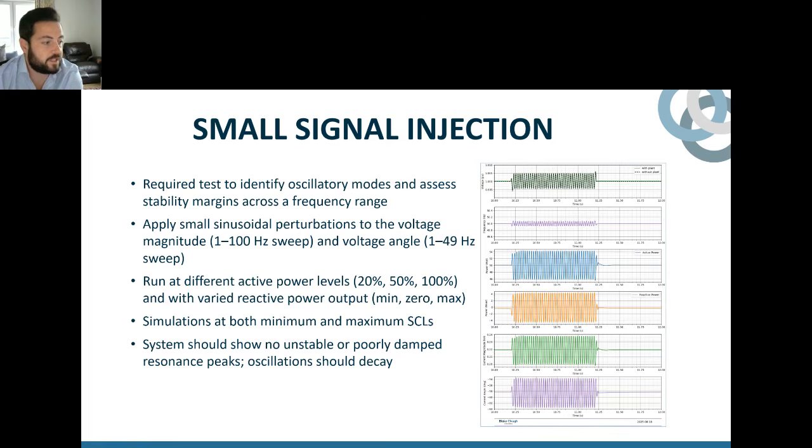But in this case, the oscillations are well damped and do not persist once the excitation is removed, showing stable behavior. So at 12.5, more or less, when the disturbance is removed, the system goes back to normal. Once again, it can be seen that the system is well damped and there are no oscillations after the perturbation.